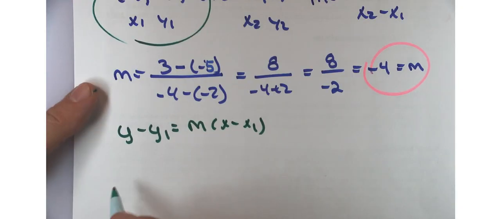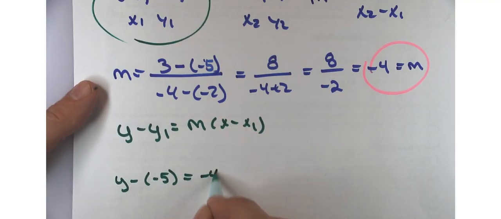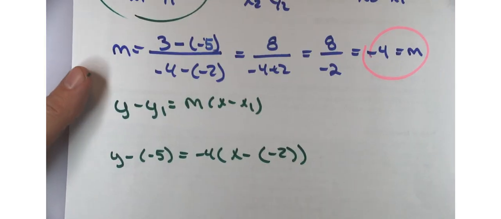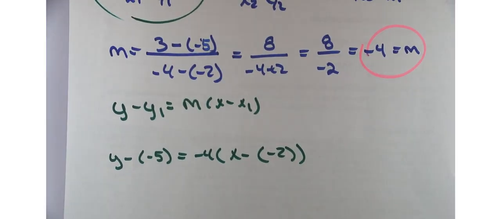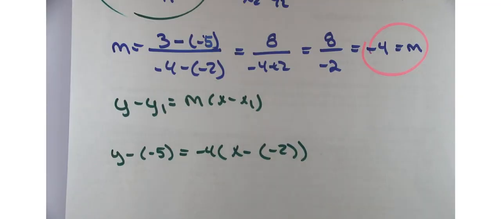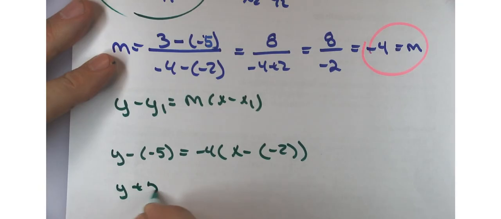So it's going to be y minus -5 equals -4 times x minus -2. I'm trying to model here something for you, and that is when I substitute in these negatives, I did so with parentheses so that you can take a little extra care in simplifying this. This becomes y plus 5 equals -4 times x plus 2.